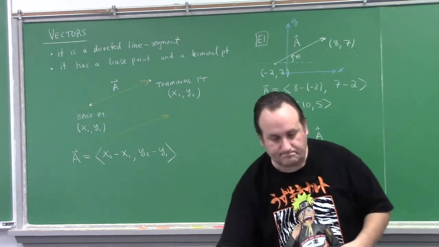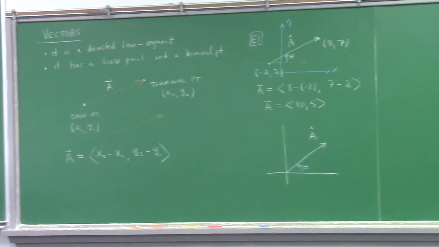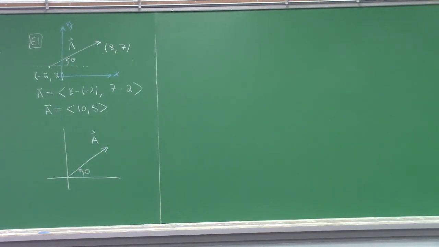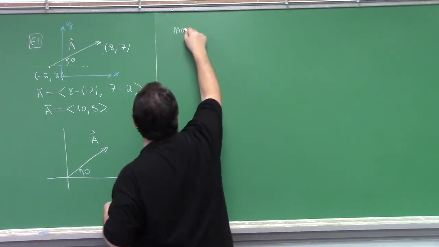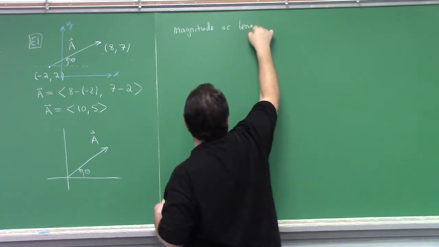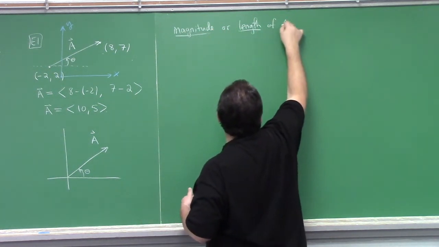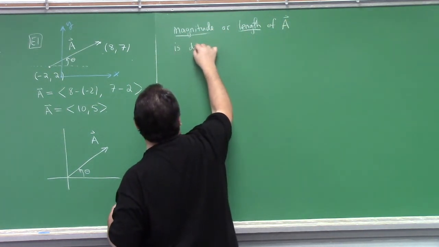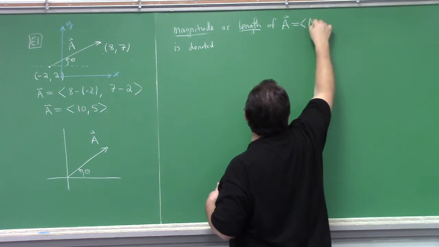So for my example, let's calculate the magnitude, which is the length of the vector, and its direction, which you can take to be the standard angle. So what's the magnitude? The magnitude or length of a vector is denoted, and let's suppose that a vector is generically, say, <a1, a2>.